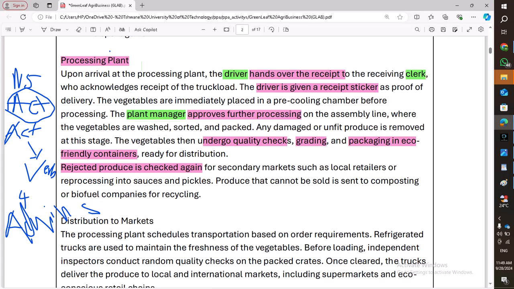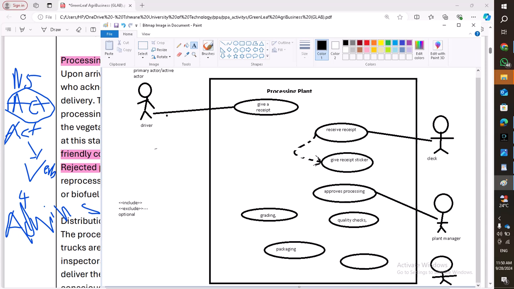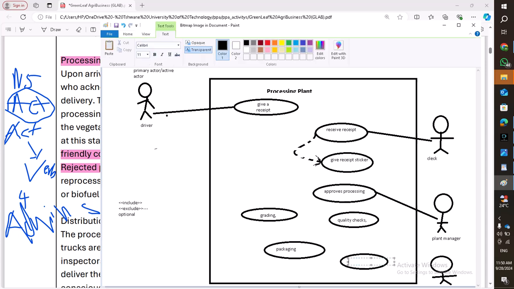Understanding, and also the other one, packing containers, and also packing containers. And then okay, if it's rejected, it will check again, and then it will check again, then we'll check again.